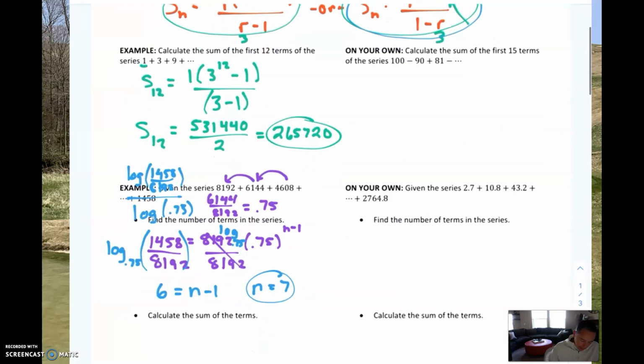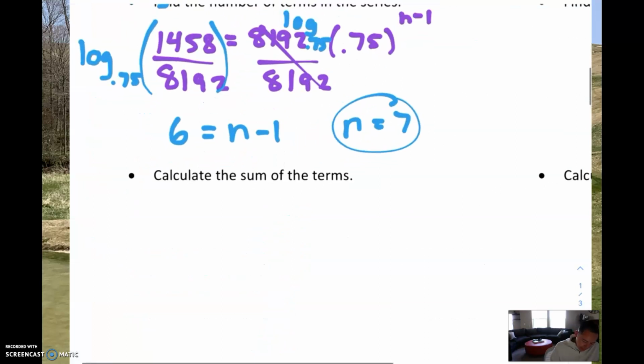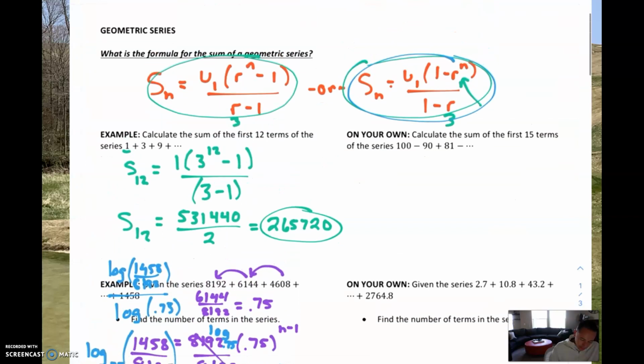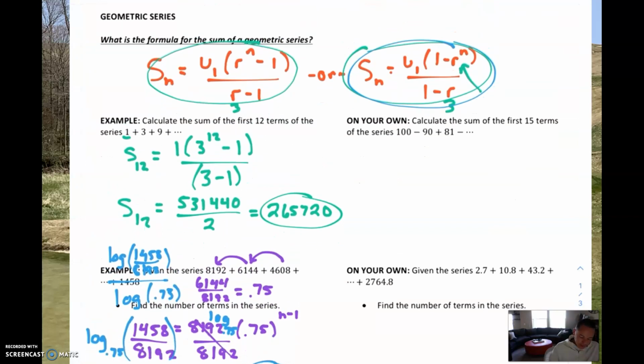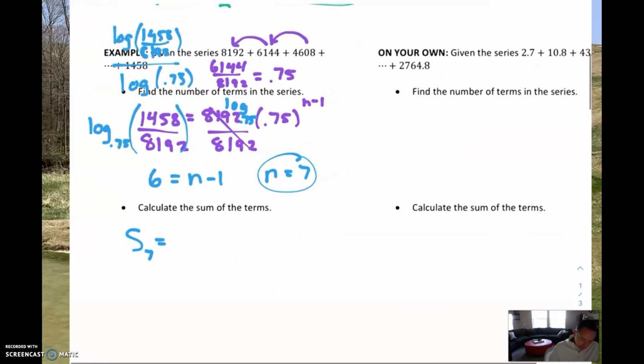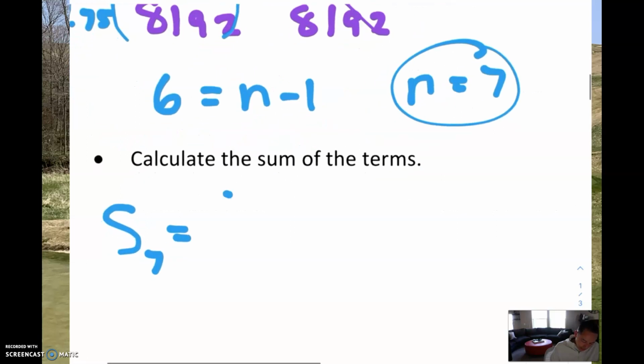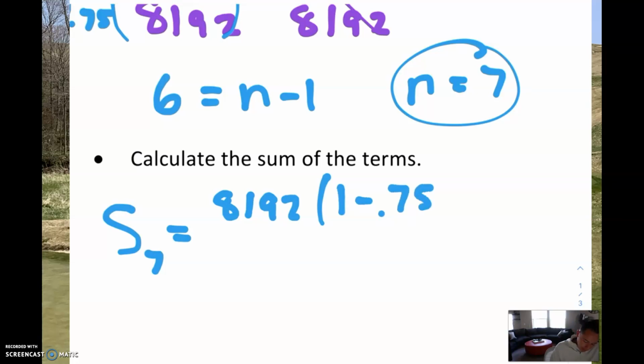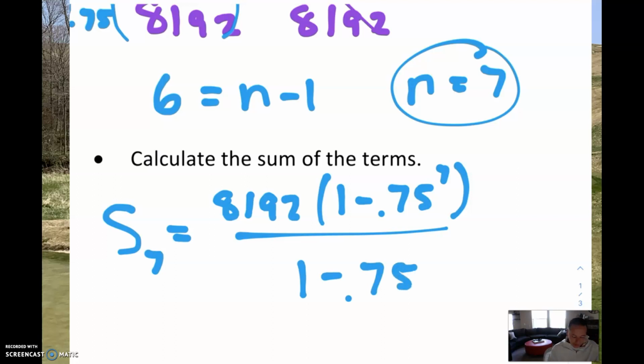So it's going to be the sum of the first 7 terms is equal to our first term, u sub 1, and in this case it is 8192. And then we multiply it by 1 minus your common ratio, 0.75 to the 7th power, over 1 minus 0.75.